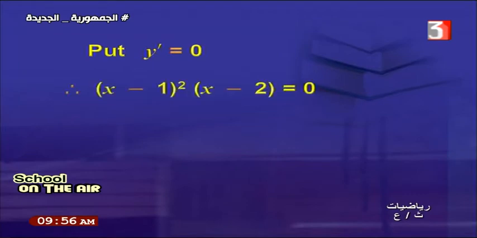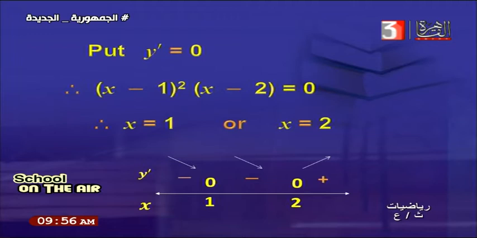First, we put y dash, the first derivative, equals 0. Then (x minus 1) squared multiplied by (x minus 2) equals 0. Then x equals 1 or x equals 2.